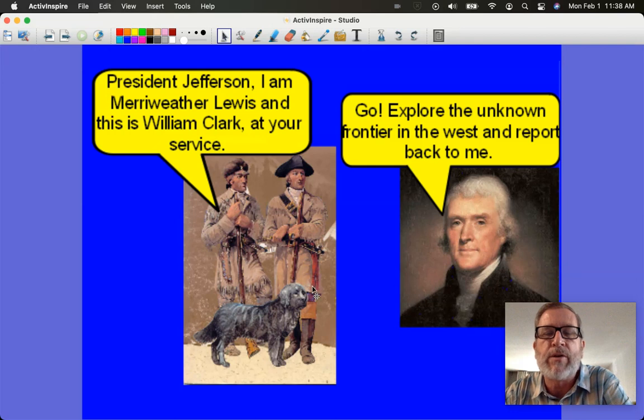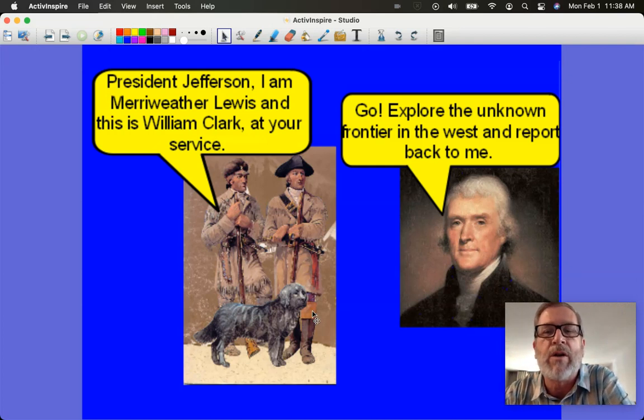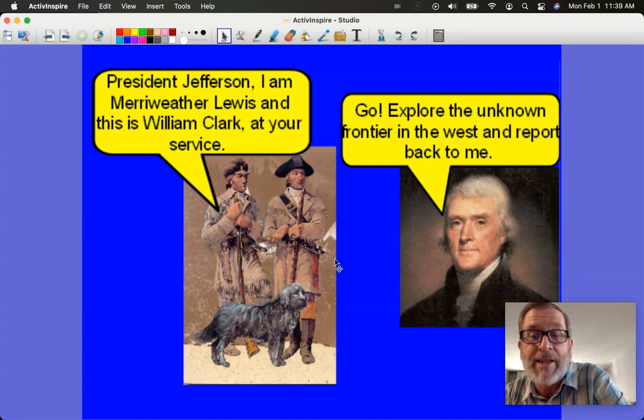Many of the diaries are actually in Philadelphia in a building that's on the same property as Independence Hall. There's like a little library there, it's called the Lewis and Clark Library, I think. And they have a lot of memorabilia from this expedition that you can physically see.